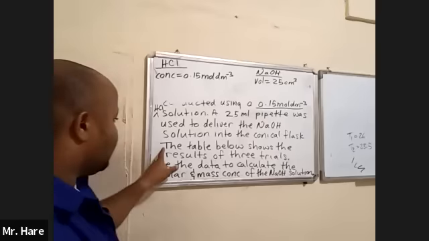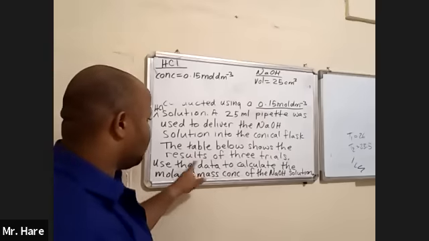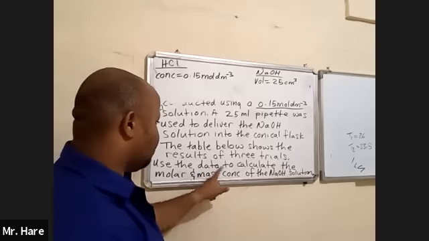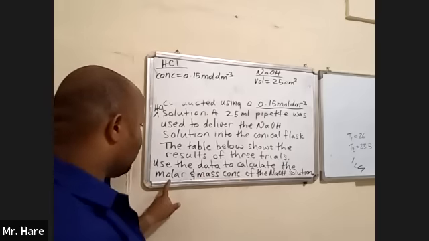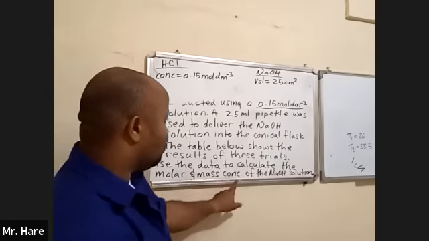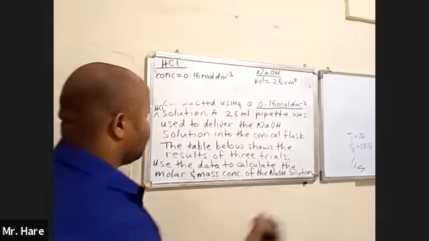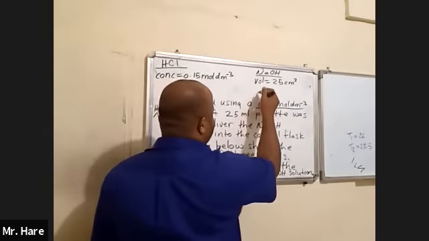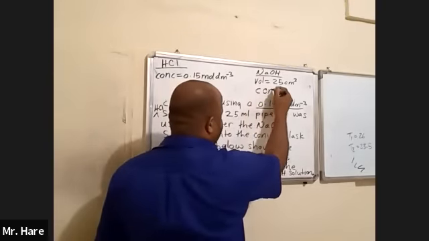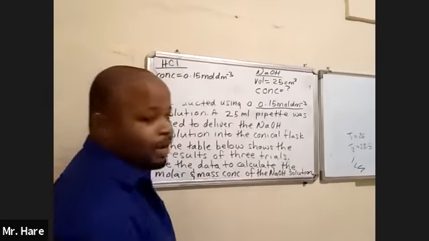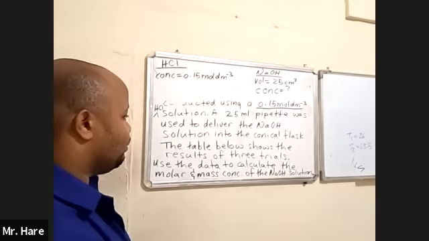Then it says the table below shows the results of 3 trials. Use the data to calculate the molar and mass concentration of the sodium hydroxide solution. So they want us to calculate both forms of concentration for this sodium hydroxide solution.